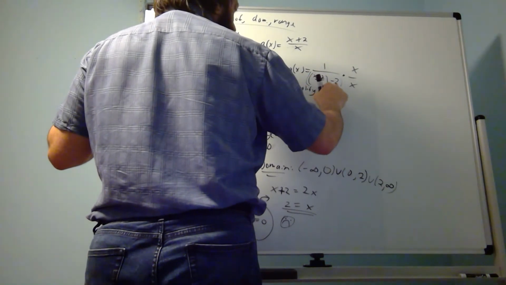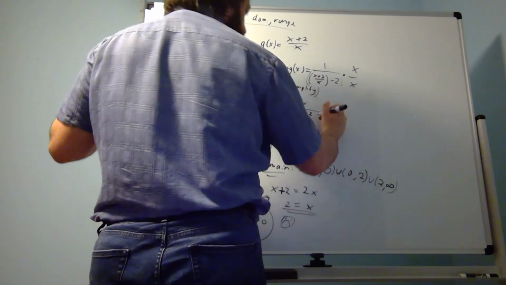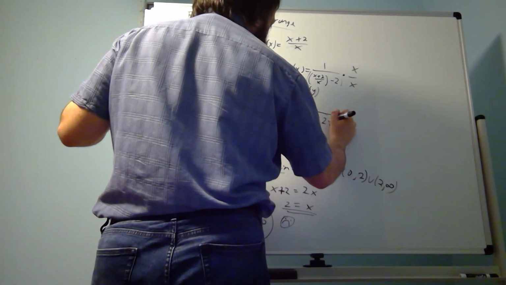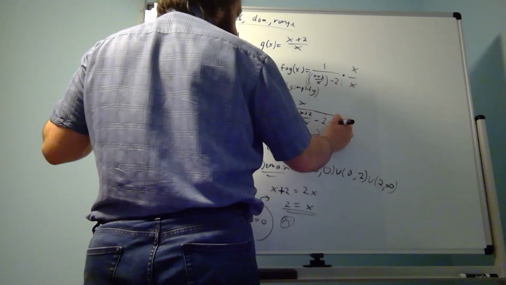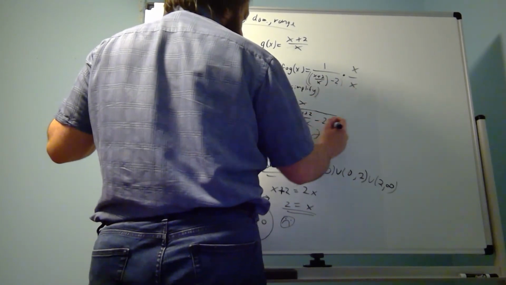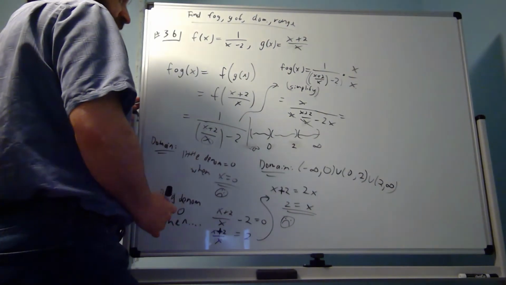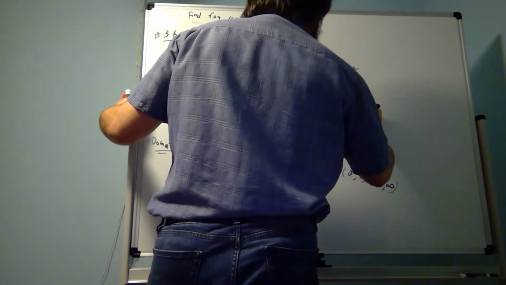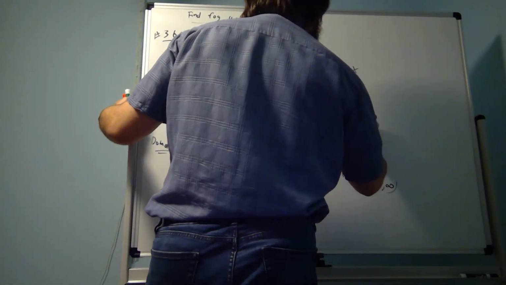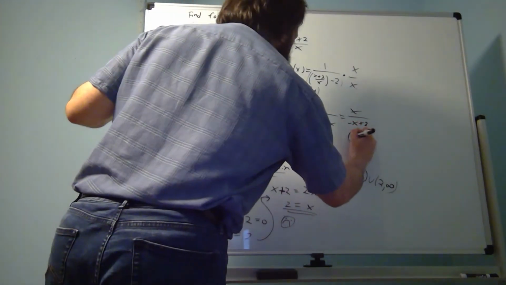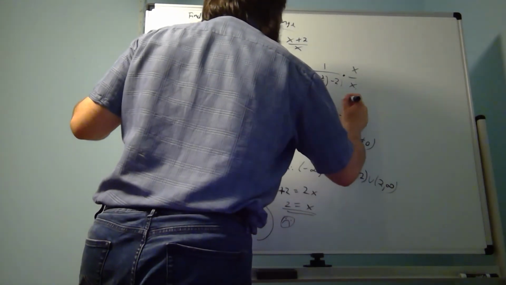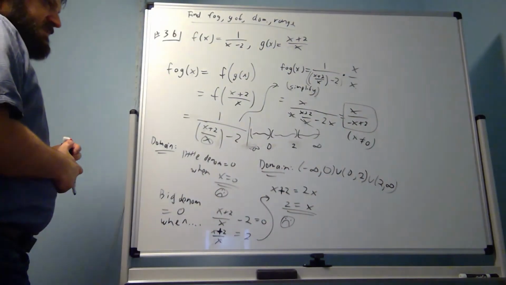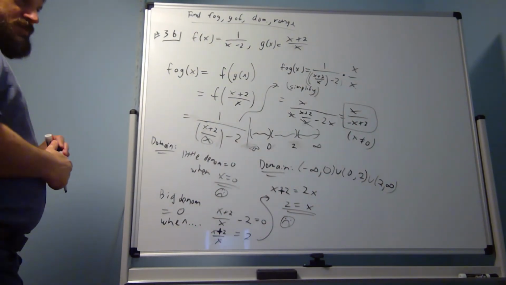It's x times the first term, and then -2 times x. Well, if x is not equal to 0, then this simplifies properly, and it simplifies down to this as long as x is not equal to 0.